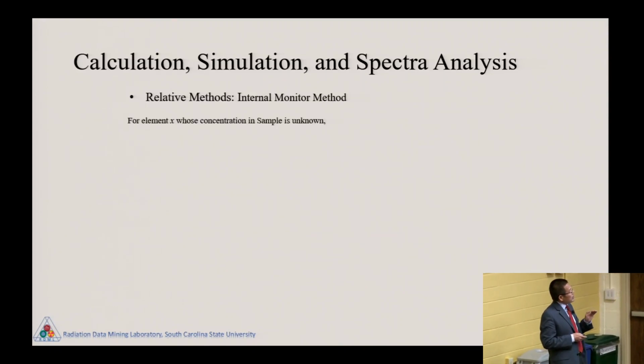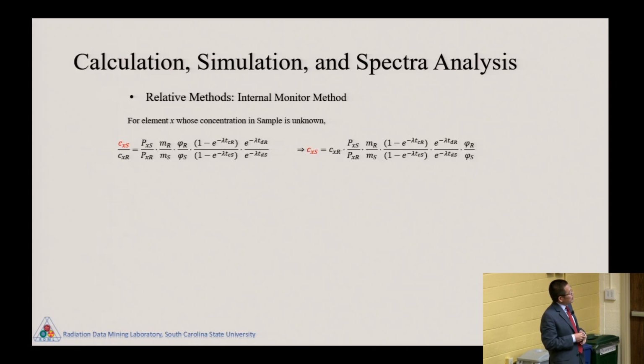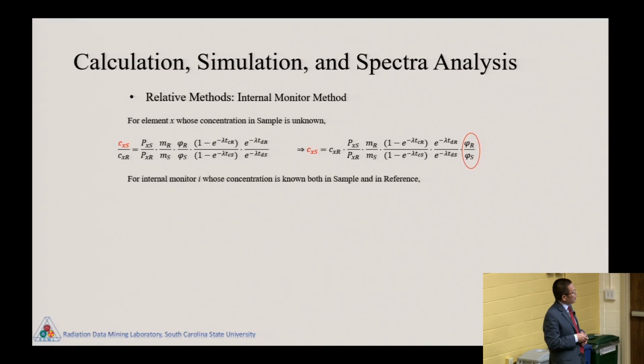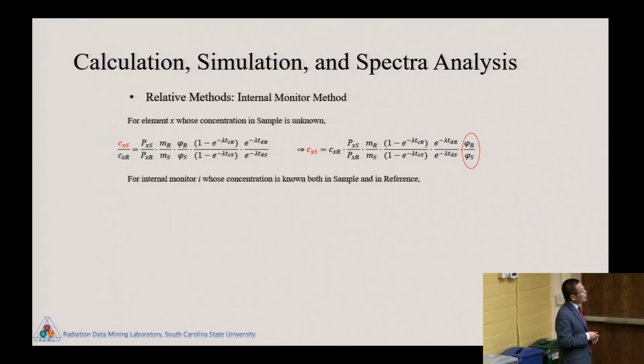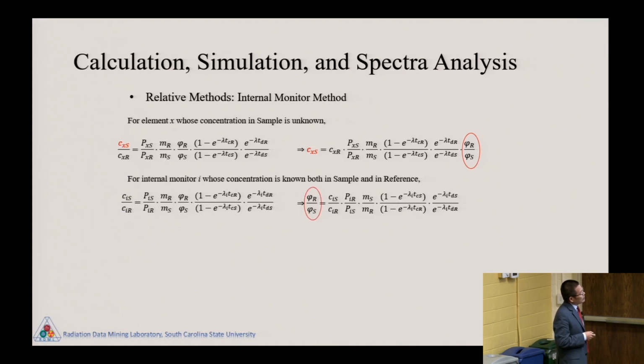Okay, for the internal method, for element X whose concentration in the sample is unknown, we get this. And then we can say the concentration is equal to this. This thing we do not know, this flux ratio. But this flux ratio can be calculated with internal monitor I, whose concentration is known. For this internal monitor, we get this, and the flux ratio is equal to this.